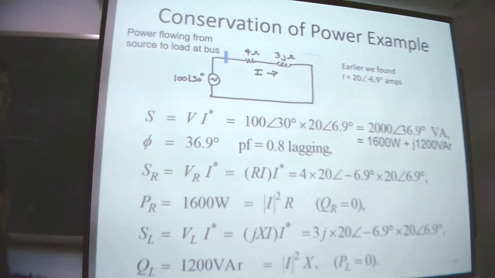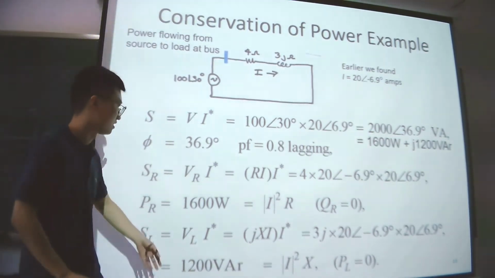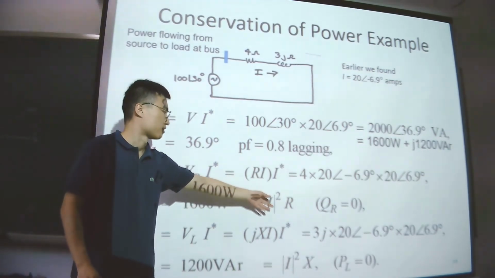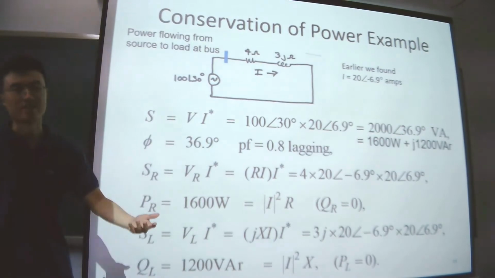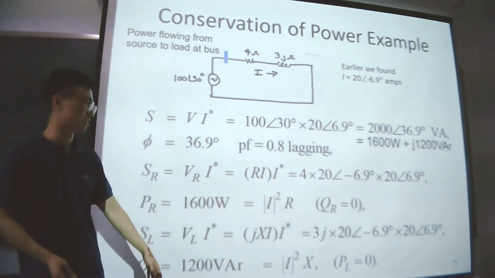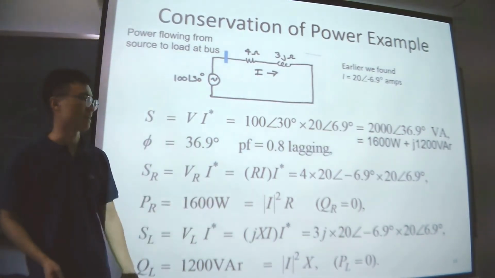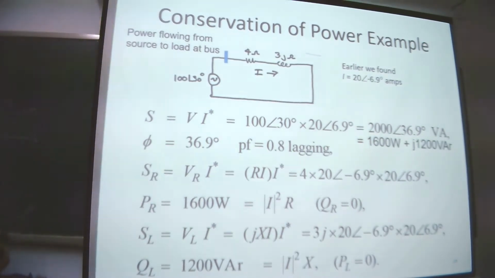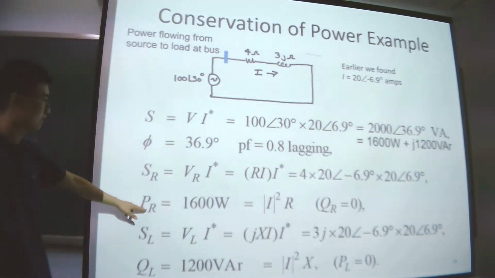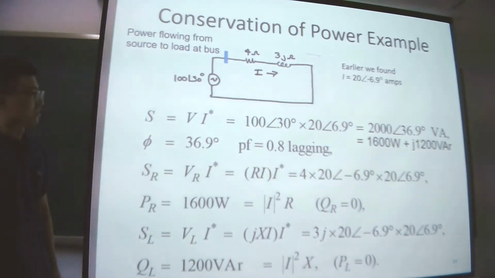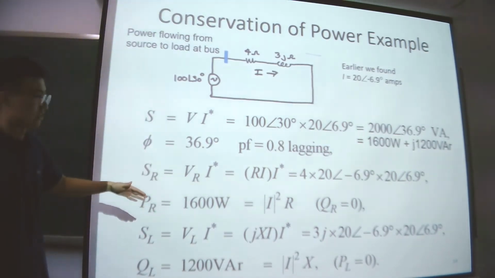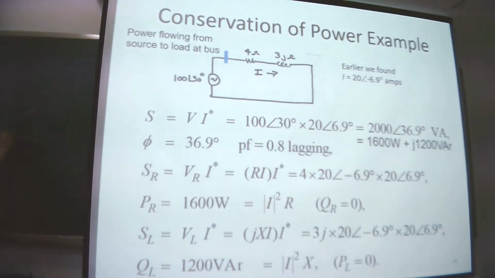Because this is current times conjugate current, no matter whether negative or positive, the absolute value will be positive. So here you can see that for the resistors the angle is 0, right?